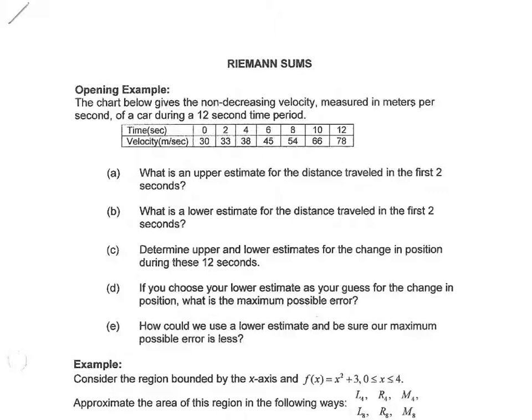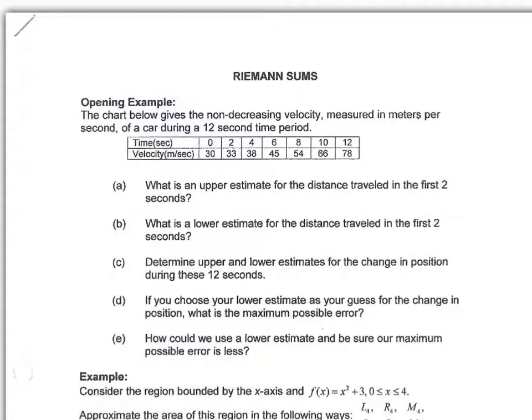Or 66? The initial velocity is 30, but then you go up to 66. The average velocity literally says 33 meters per second. Colin agrees. Okay, so an upper estimate is 66.